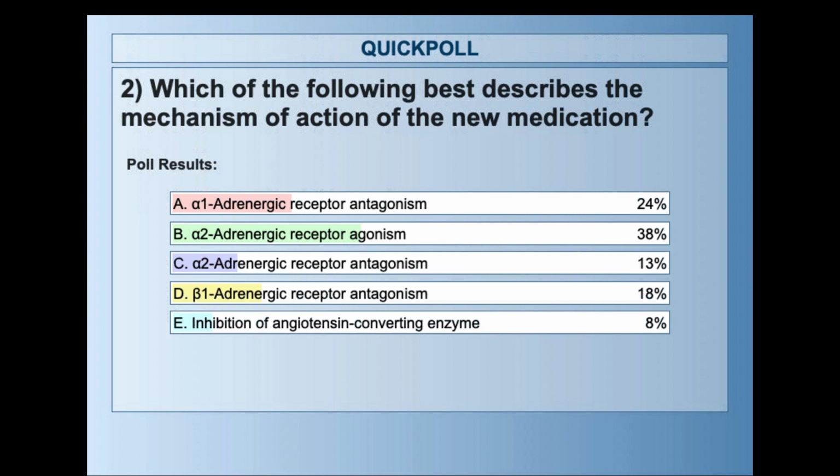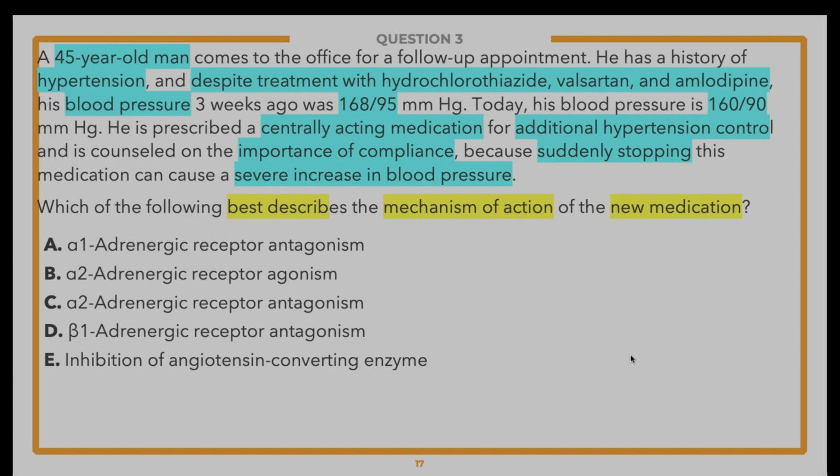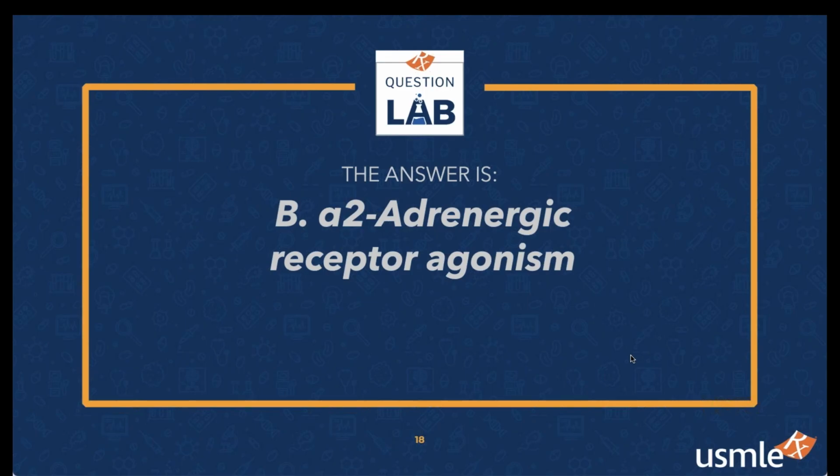So let's go ahead and hide the results and share the answer. And the answer to question number 2 is indeed answer choice B, alpha-2 adrenergic receptor agonism. So well done, everybody. We are 2 for 2 tonight, which is fantastic.